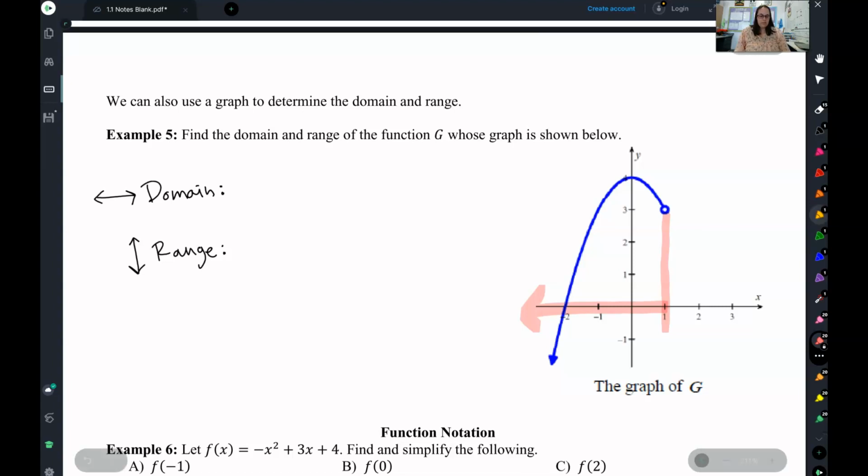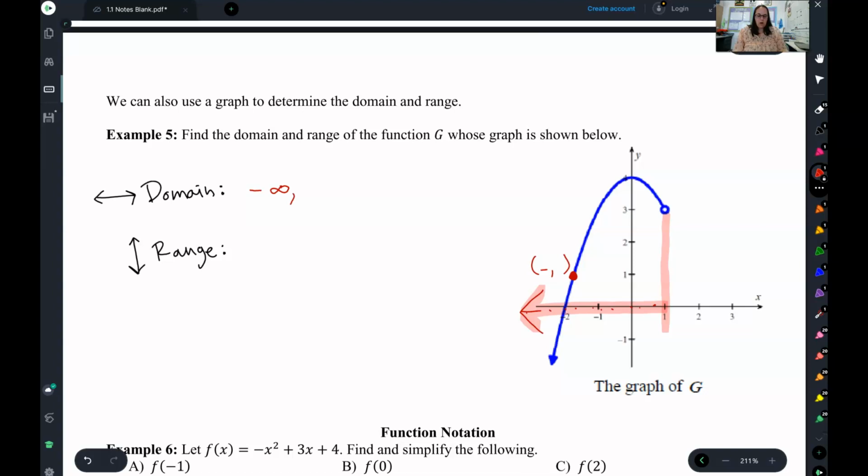Meaning that if I were to take any point on here and look at the x value of that point, it's going to be one of these x values. So how do we say that? Well, I want to say forever and ever and ever to the left. One way we say that is negative infinity, forever and ever to the left.